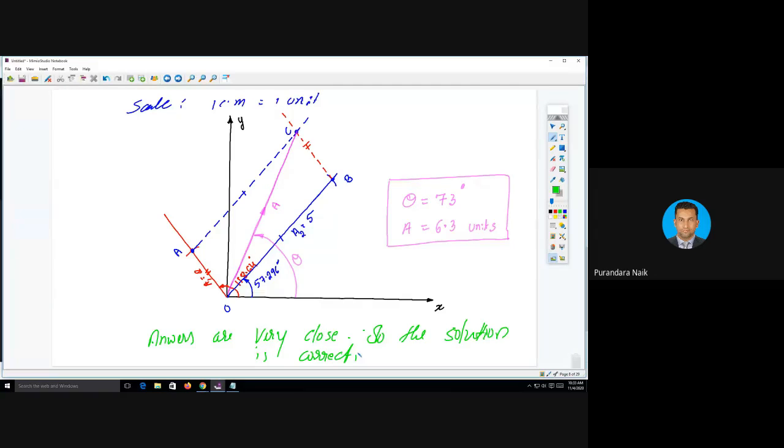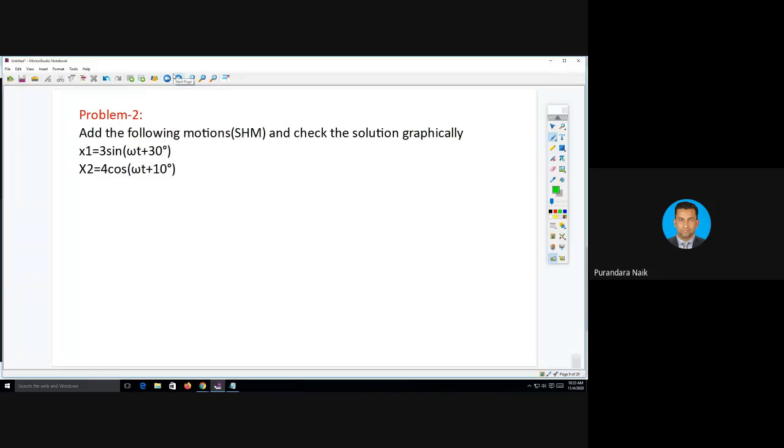Yes, sir. Okay. So next slide, or the next problem. Problem number 2. I think this problem is very simple. You can do it. It is similar to the previous problem. But here it is in degrees.